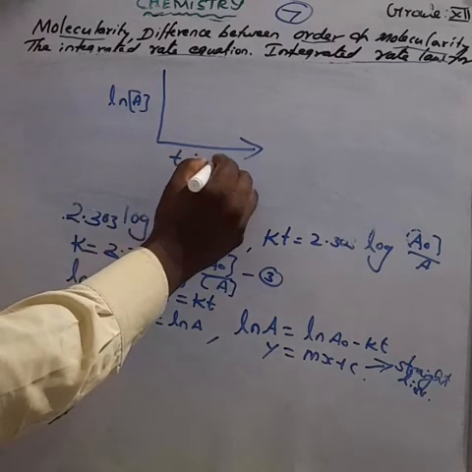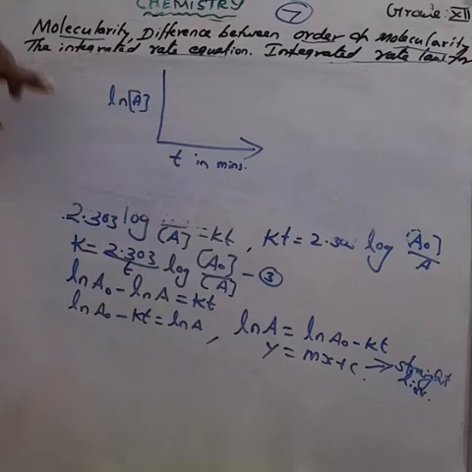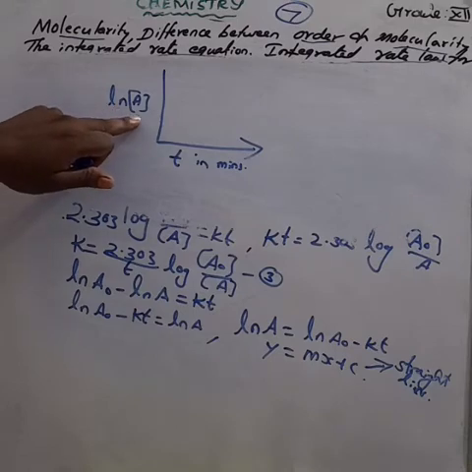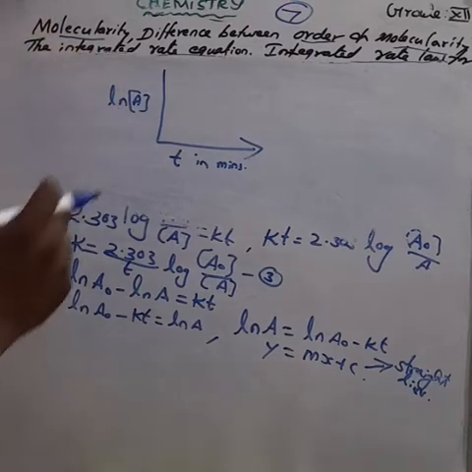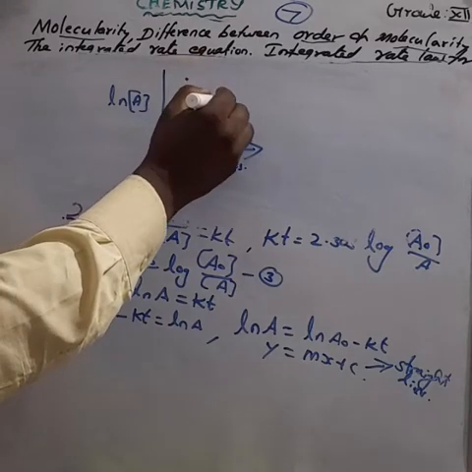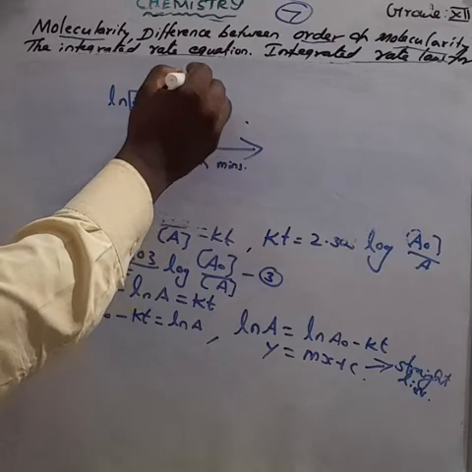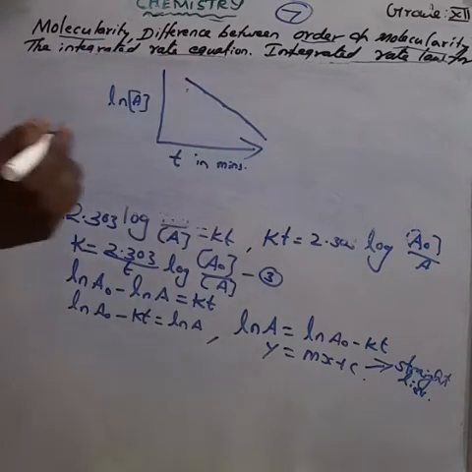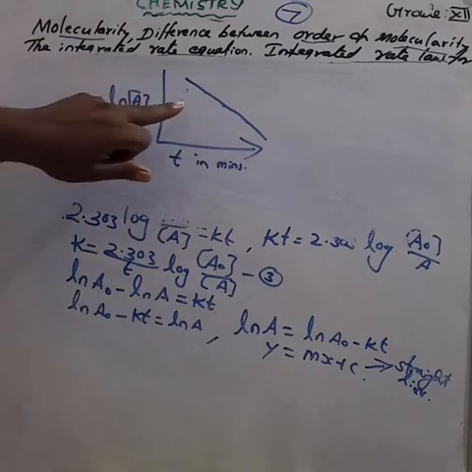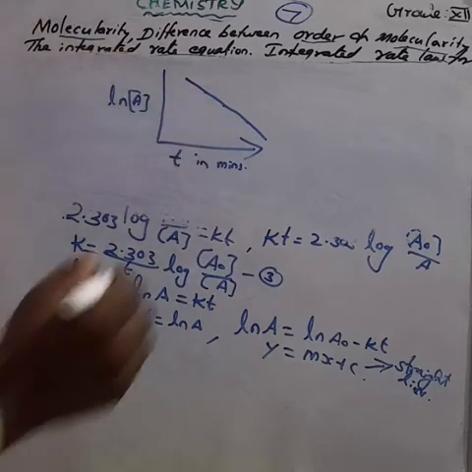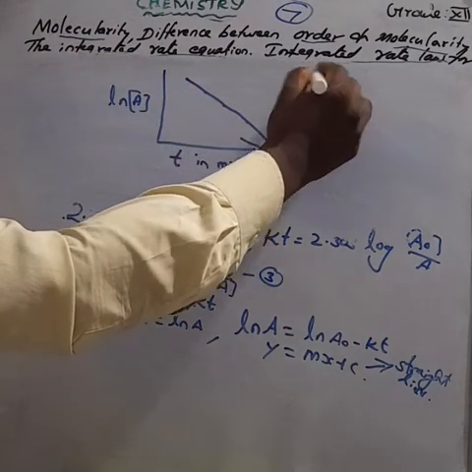Different values of time in minutes versus the concentration of the reactant ln A. When we plot the graph, we get a straight line with negative slope. Please all of you look at the graph on page number 213. We get a straight line with a negative slope.